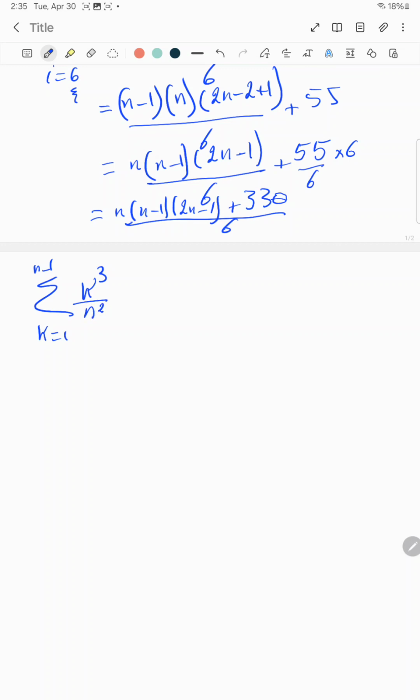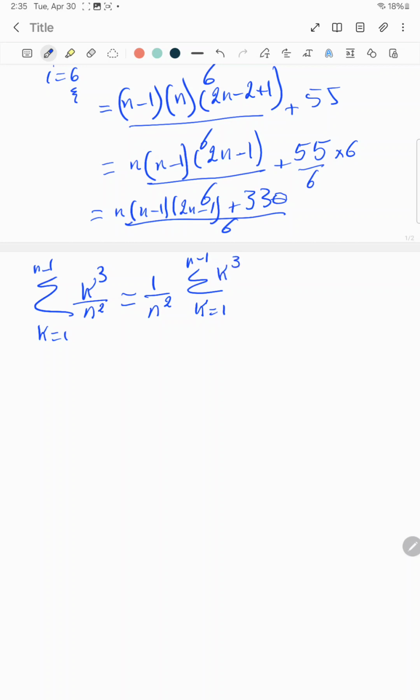Here my variable is k, it's not n, so I can take my n outside my sum, and multiply my final answer by 1 over n squared. I take 1 over n squared outside my sum. It becomes the sum from k equals 1 to n minus 1 of k to the power of 3.